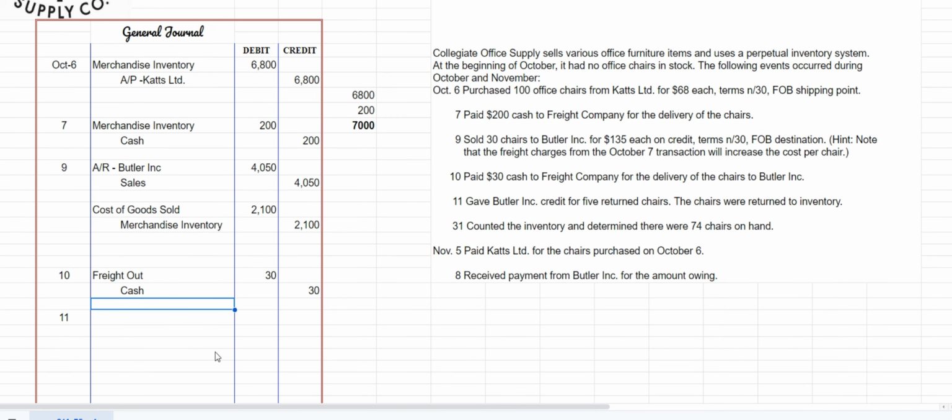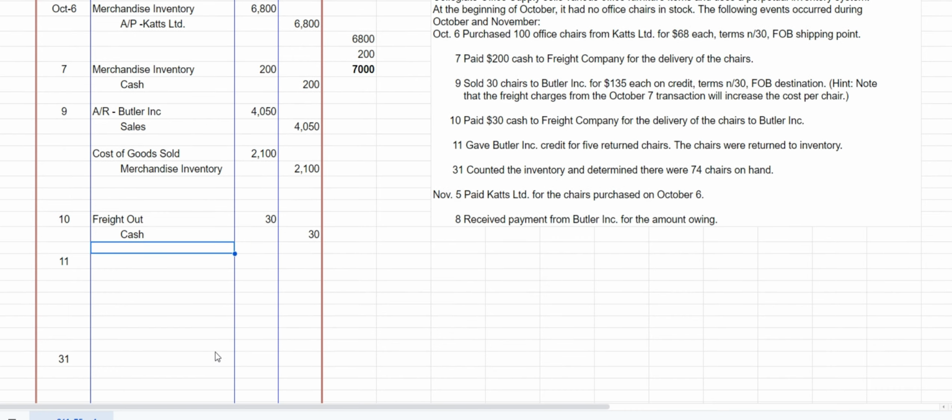Okay, on October 11th, gave Butler Inc. credit for 5 returned chairs. The chairs were returned to inventory. So in this case, we're also going to have 2 journal entries. First is going to be the credit part. Whenever you give credit for merchandise inventory that the person you sold it to returned, it goes into an account called sales returns and allowances.